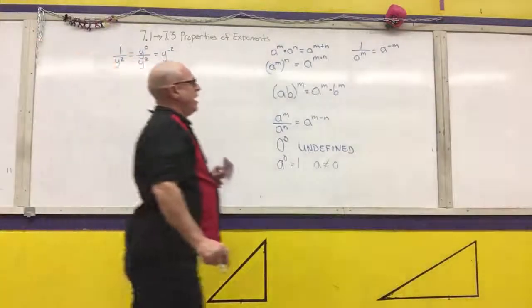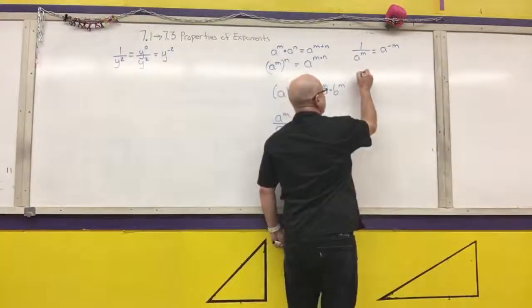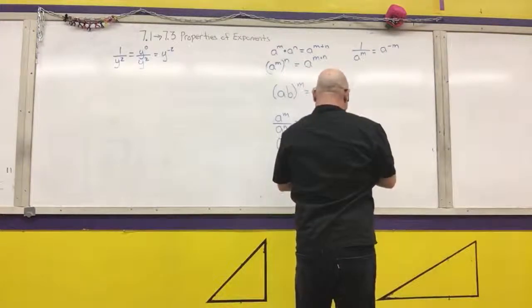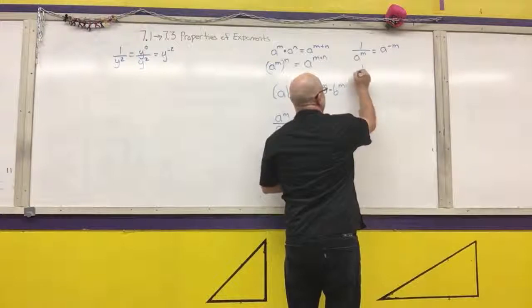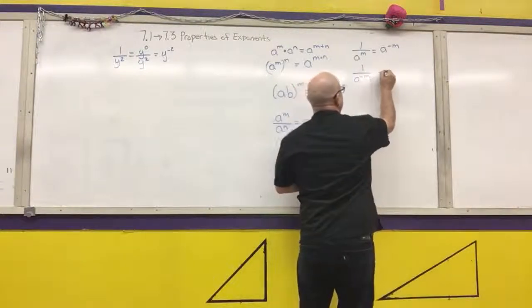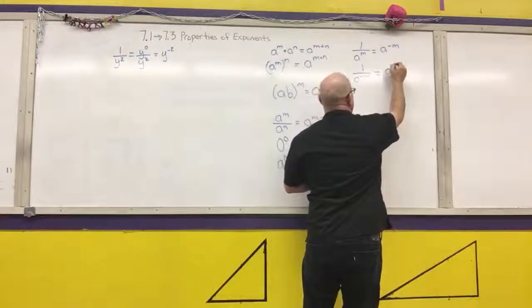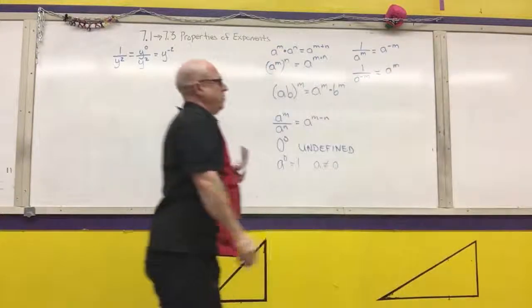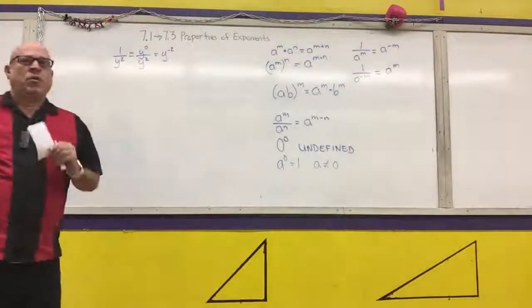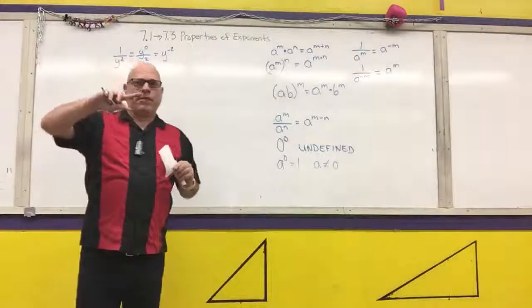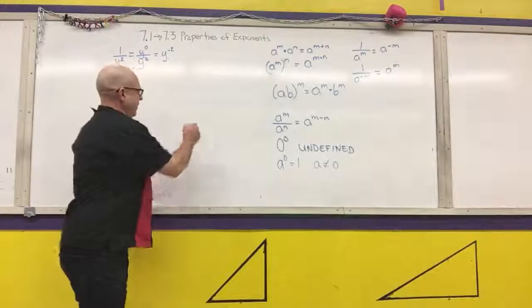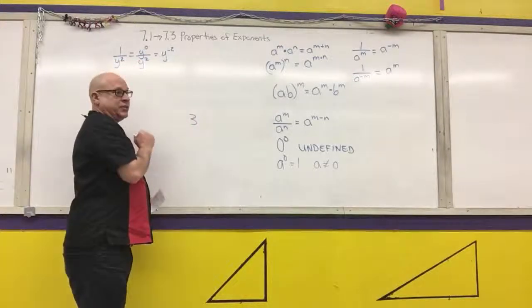Similarly, if I have 1 over a number to a negative power, that is the same thing as that number to a positive power. What a negative exponent means is to take whatever fraction you have, and I want to remind you that 3 is a fraction.